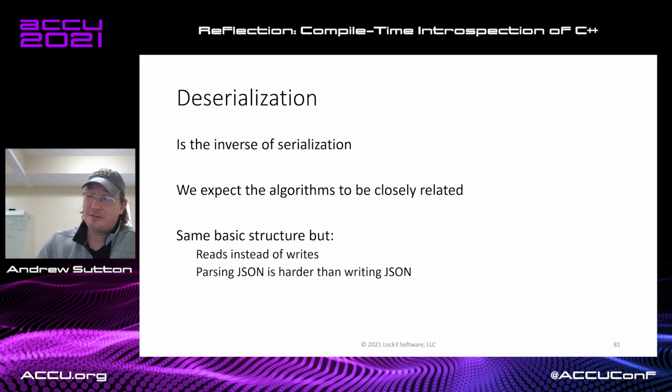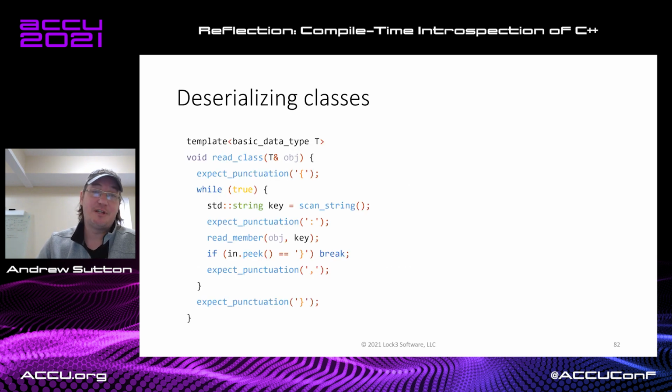But anyways, the structure of the solution is really kind of the same as what we had before for serialization. So I'm just going to show you what the deserialization code looks like for the corresponding read class function. It's not particularly difficult. We match the enclosing brace, and then we just have a while loop that consumes key value pairs, looking for a closing brace and a comment at the end.